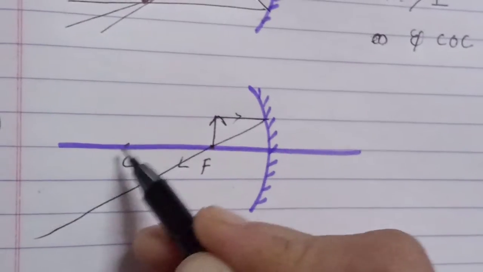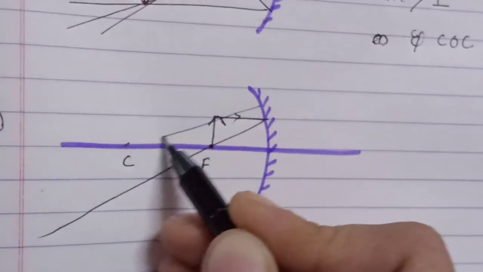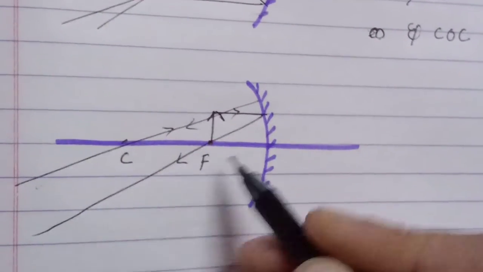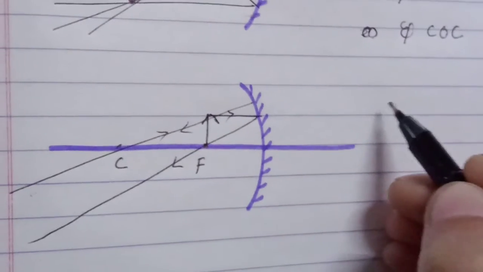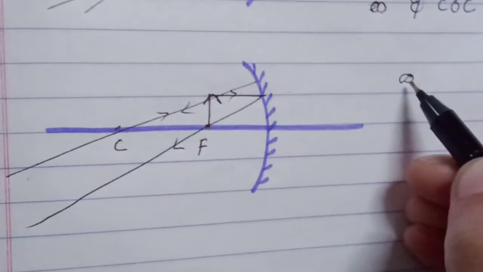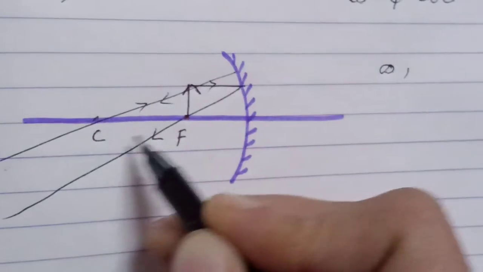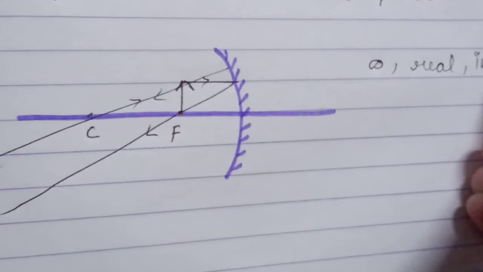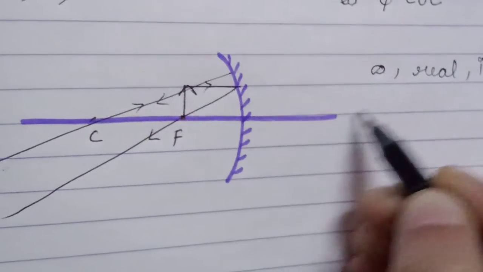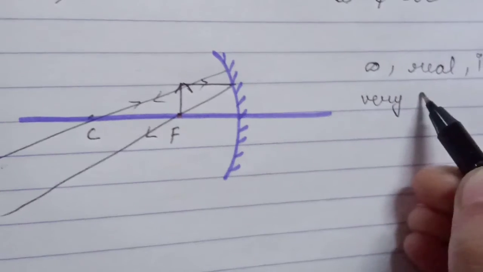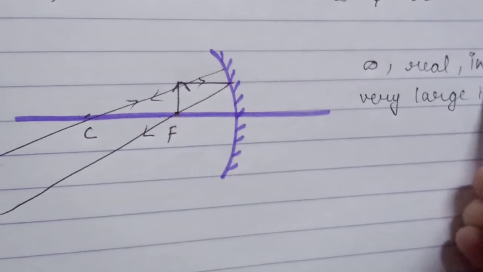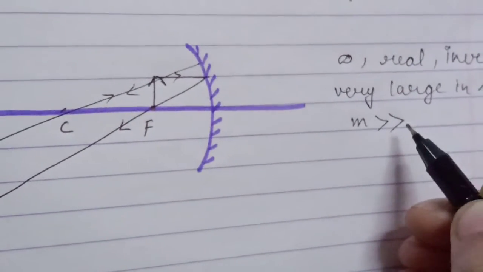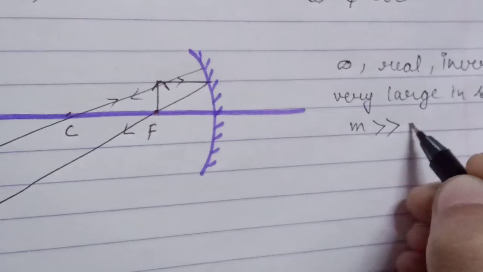So the image is at infinity, the image is on this side, so real, inverted, very large in size, and the magnification is much greater than 1.